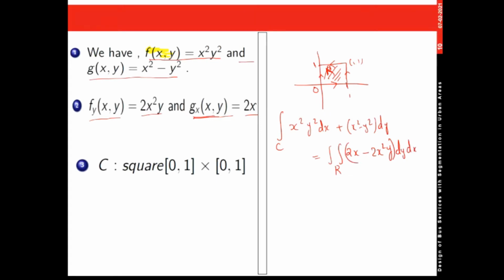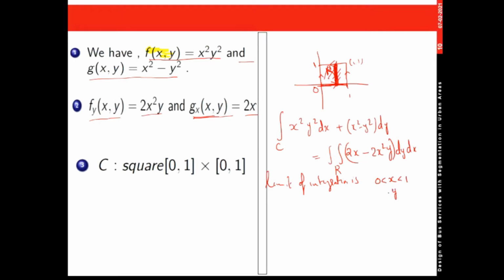So now we can easily find out the limits of integration. If you take this strip, the limit of integration is 0 less than x less than 1. That means x can move from 0 to 1, and y also moves from 0 to 1.